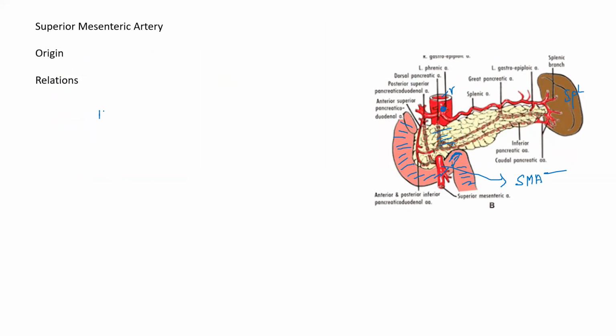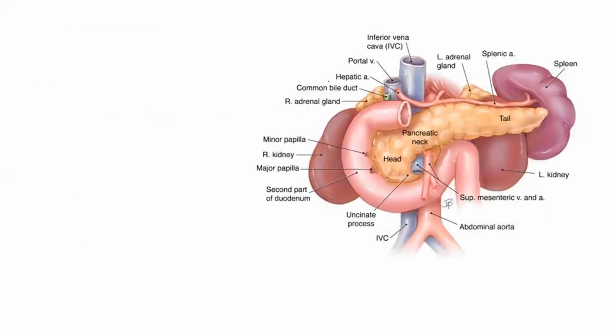So, the anterior surface of the body of pancreas lies anterior to the origin of superior mesenteric artery. What do you see in this picture here? So this again is your duodenum, this is jejunum, the DJ flexure.